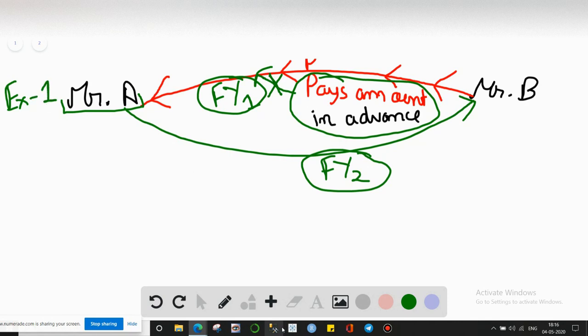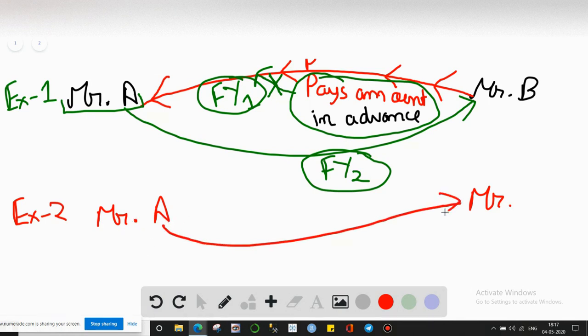Now let's come to our example 2. Let's say suppose there is Mr. A again and there is Mr. C. Okay. Now what happens? Mr. A has paid some amount for purchase of raw material, paid amount in advance.